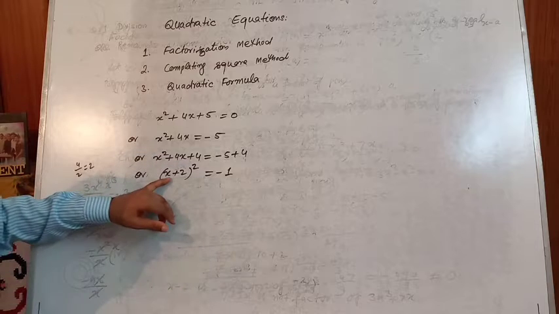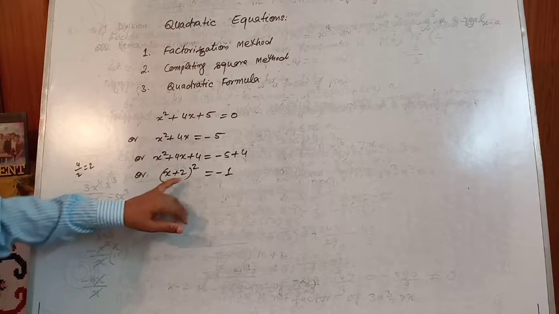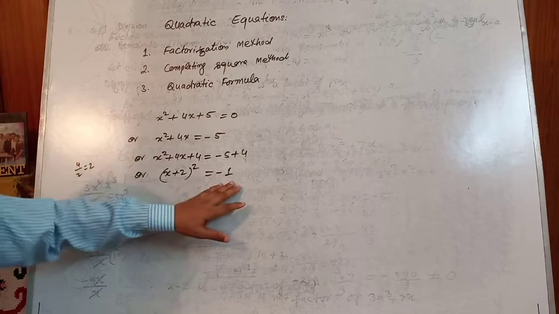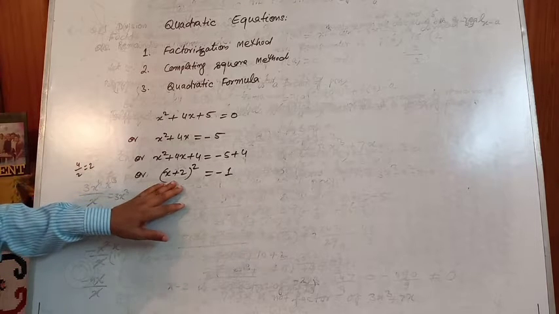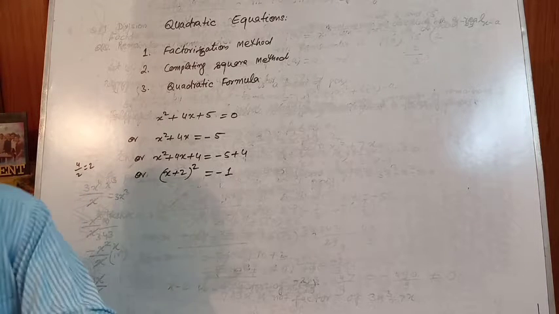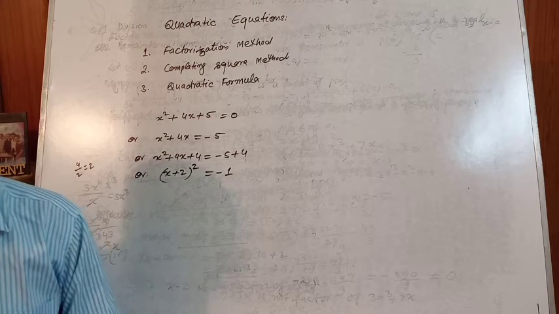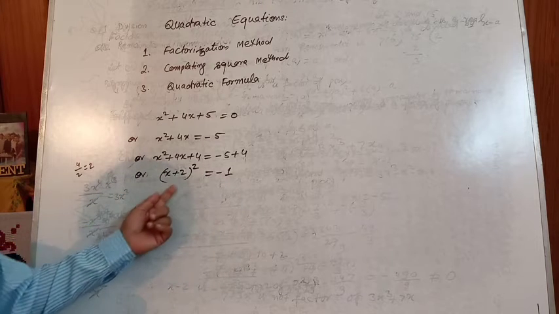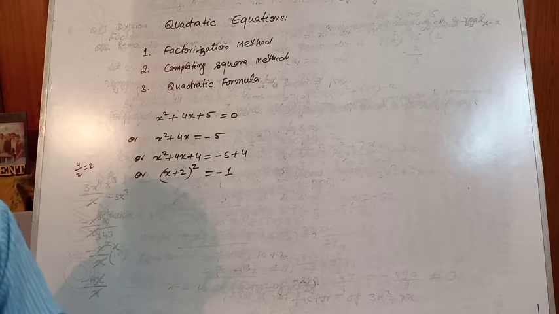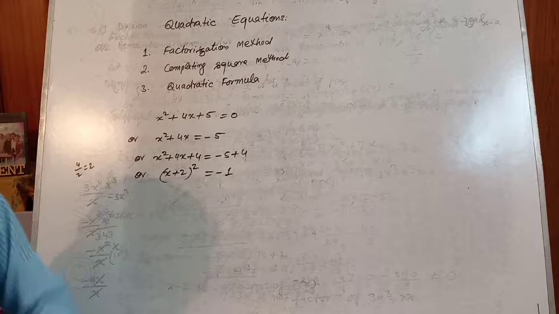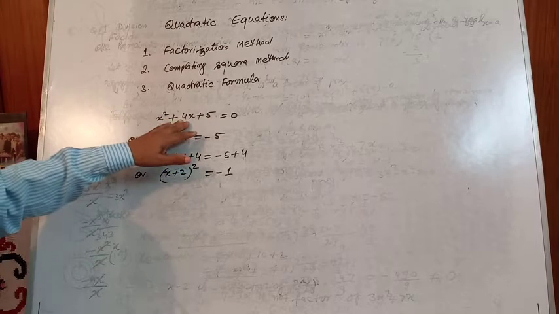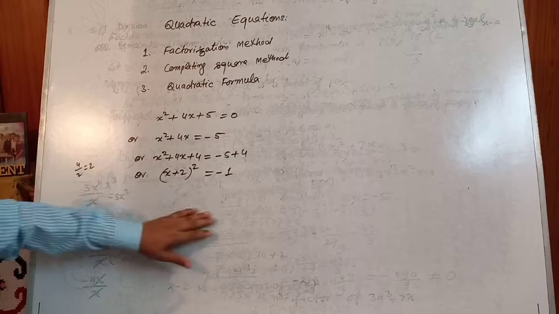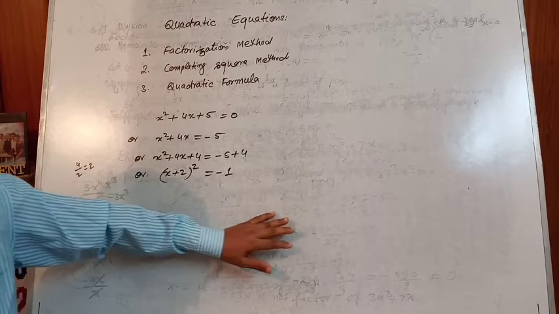But there is no real number whose square is negative. We cannot put any real value for x so that the square of x plus 2 becomes minus 1. This is not possible, so real roots of this equation are not possible.